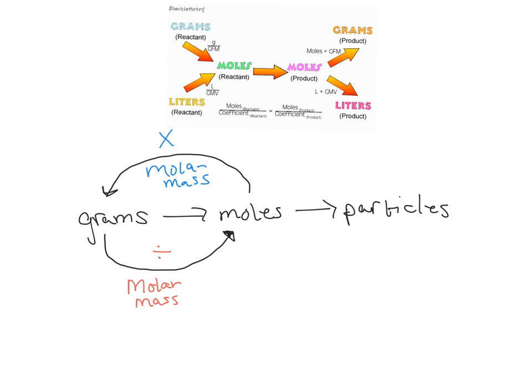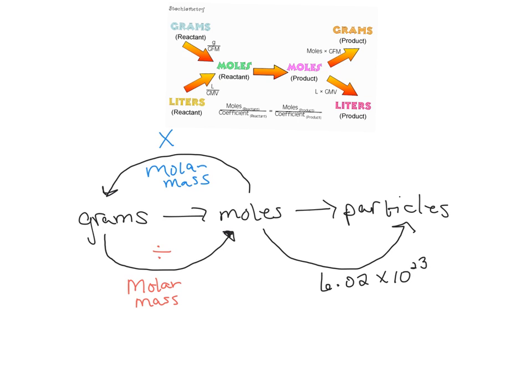Now, if I needed to get from moles to particles, there's a certain number I need to know, and that number is Avogadro's number. Here I'm going to be using 6.02 times 10 to the 23rd.